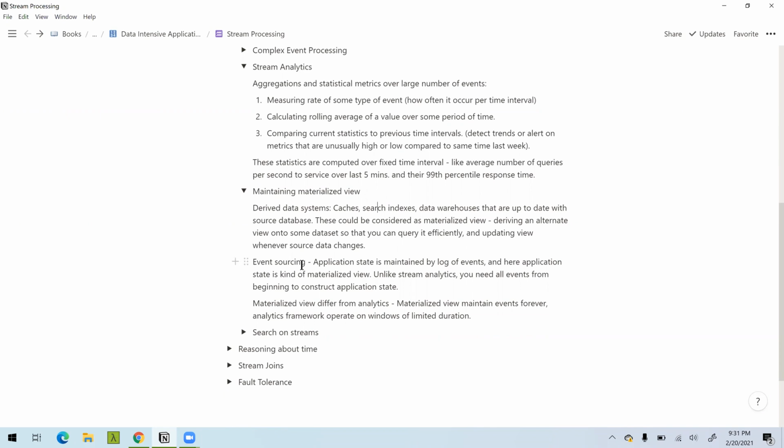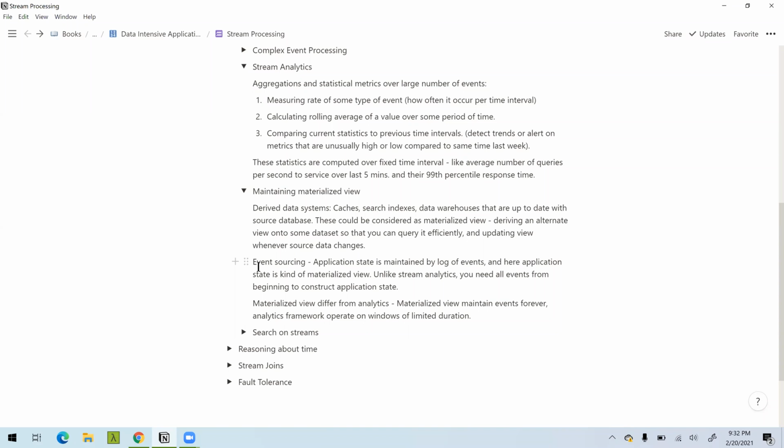Then the second thing is event sourcing. Basically, in event sourcing, your application state is determined by a log of events. You are storing the logs of events, each log that happened, and that complete log of events determines the application state.